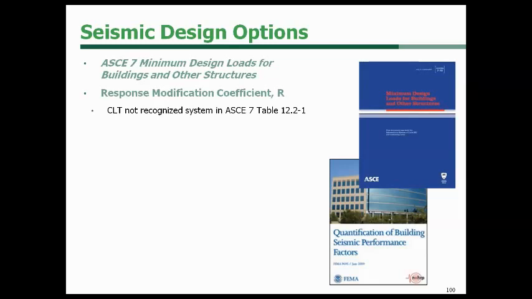So the CLT handbook, which was published a couple years ago, recommends an R equal to 2. We are doing some work to try to zero in on a slightly more accurate value for that R, but for now you can use R equal to 2.